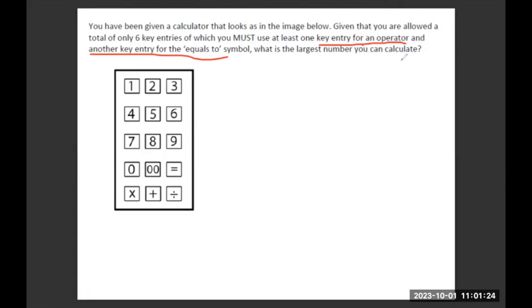Find the largest number that you can calculate using this calculator. Only 6 entries are possible. Here in the 6th entry, you have to press equal to. In this kind of question, you have to write the number. Ria, correct answer. Very logical.